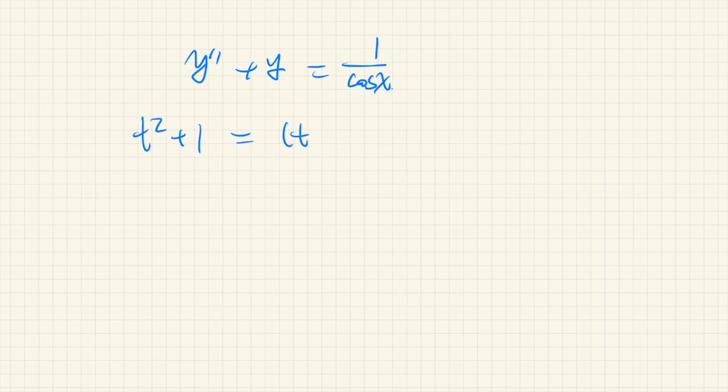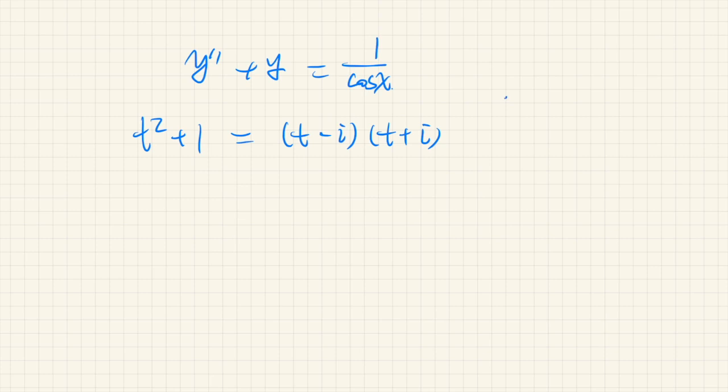Let's solve this differential equation. y double prime plus y equal to 1 over cosine x. Okay, so the polynomial in this case is t squared plus 1, which can be factorized as t minus i and t plus i.